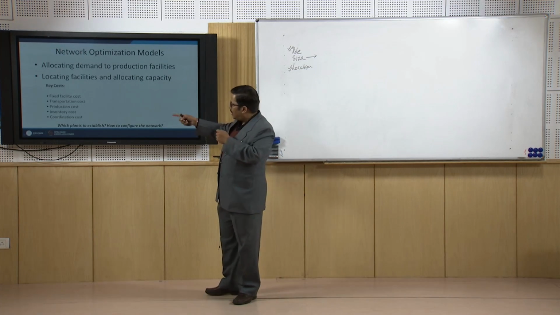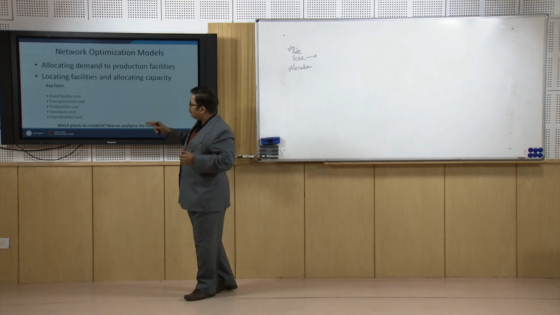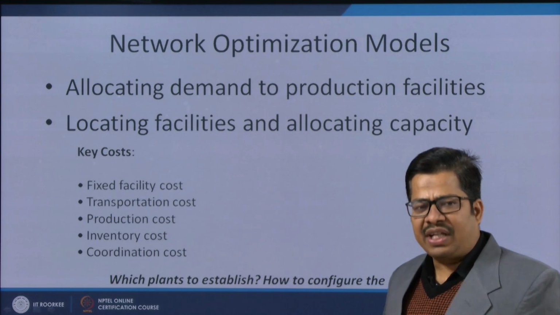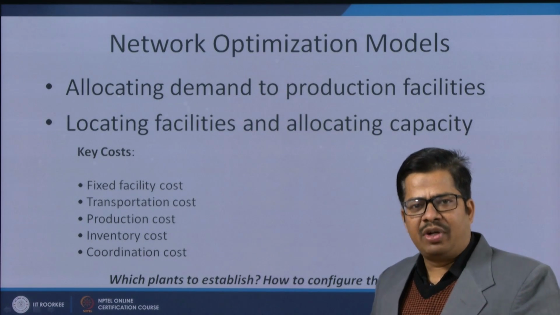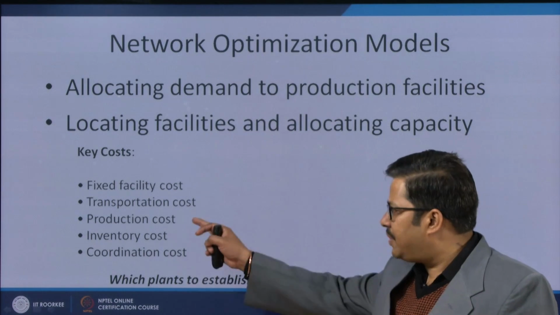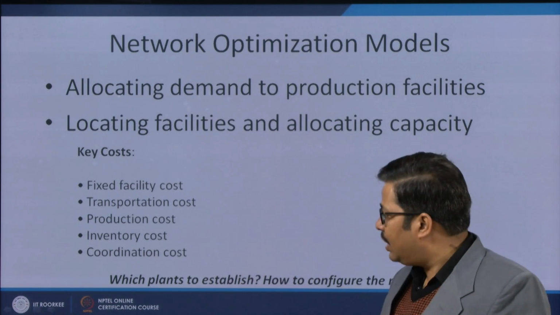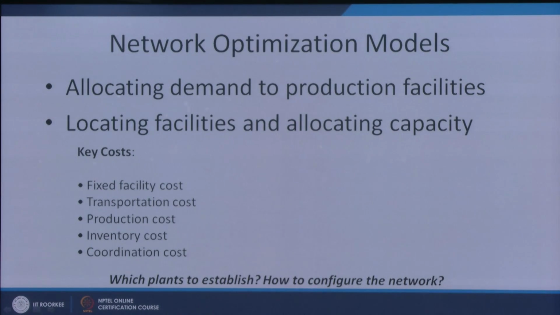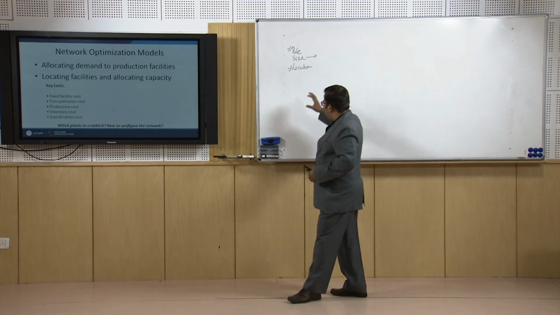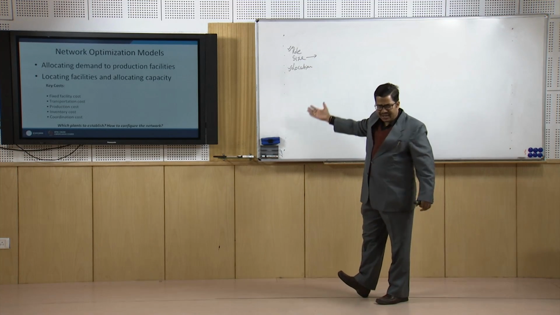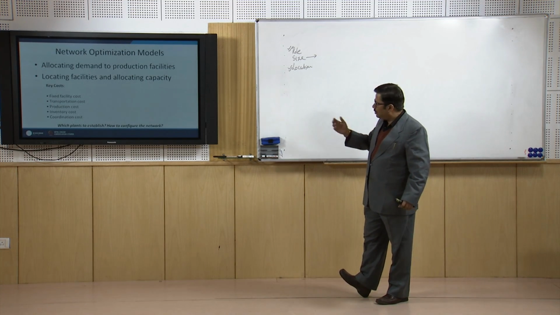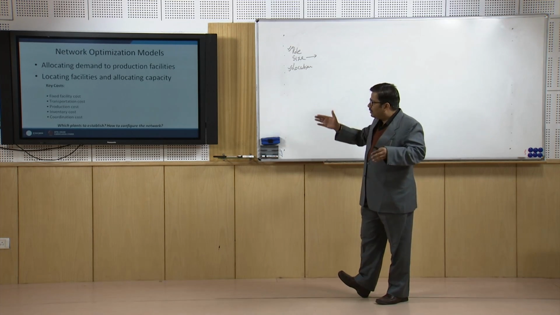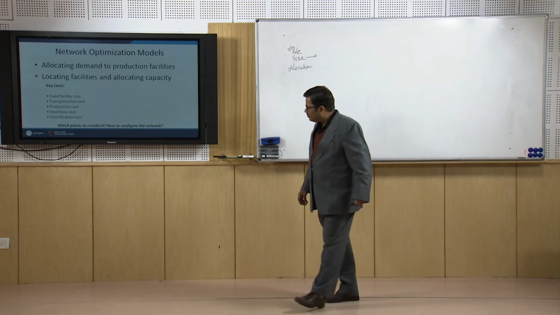The production cost is a variable type of cost: as many products as you produce, that much production cost you will incur. Then inventory cost and coordination cost, as you need to coordinate with other facilities in the network. Depending upon your location and the size of the facility, this coordination cost will also come.